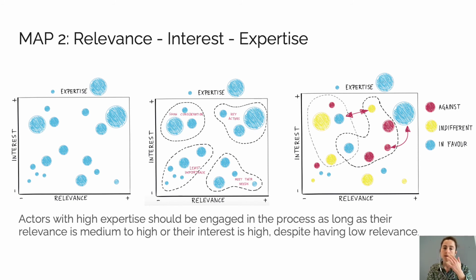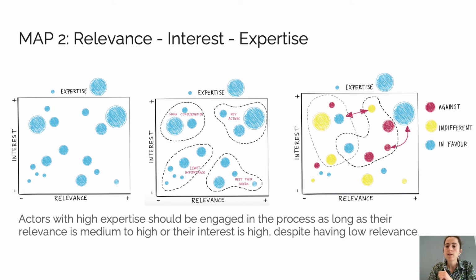Now, moving on to another slightly more elaborate map, and this is the last map that we have decided to focus on. It is called the Relevance, Interest, Expertise map. So here we are using 3 types of criteria. This map is a bit more complicated than the previous, the relevance one.